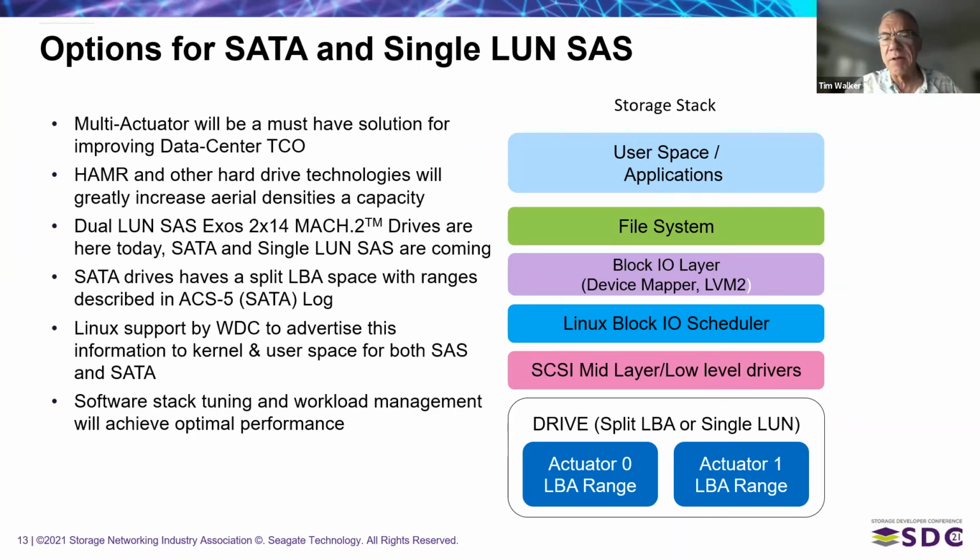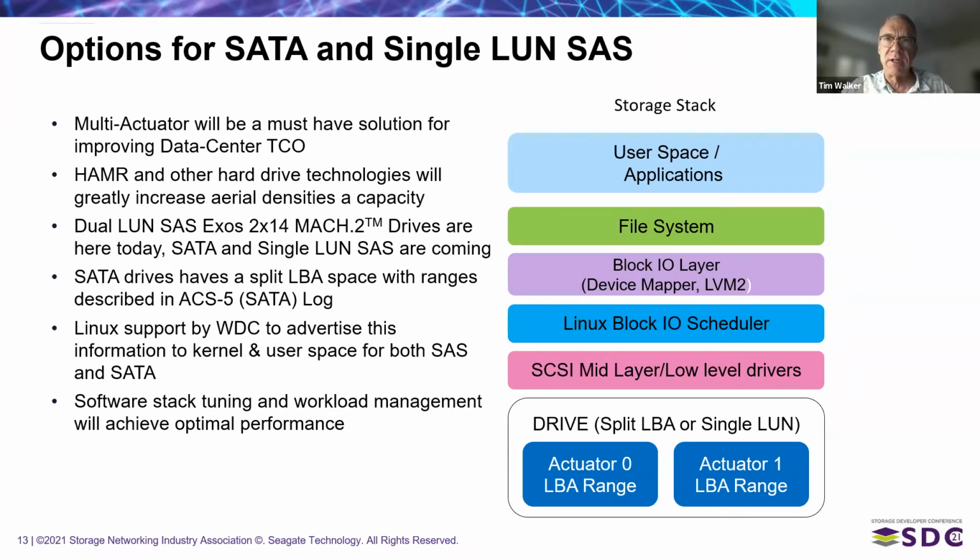I've got a simplified diagram here of the Linux storage stack, and some of the ways that we look at handling multi-actuator in the case where we're using SATA or a single-LUN SAS drive.